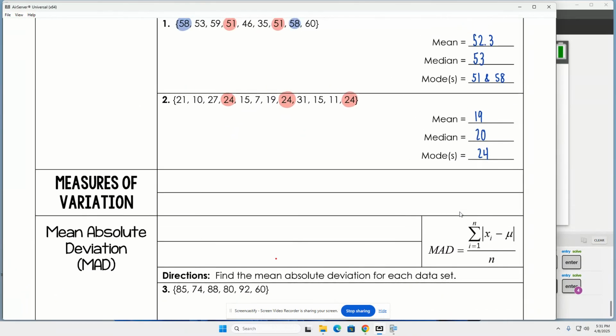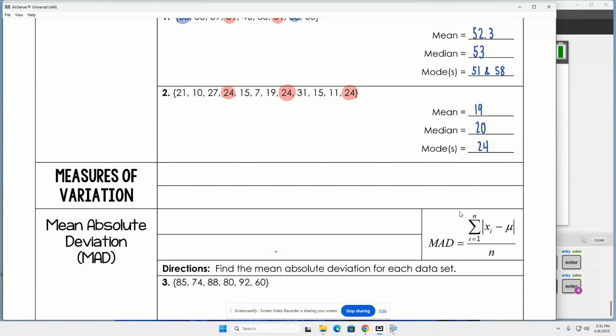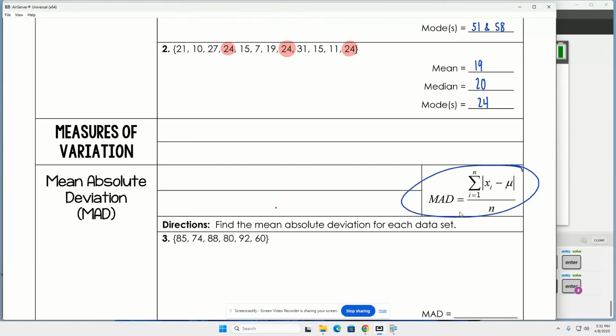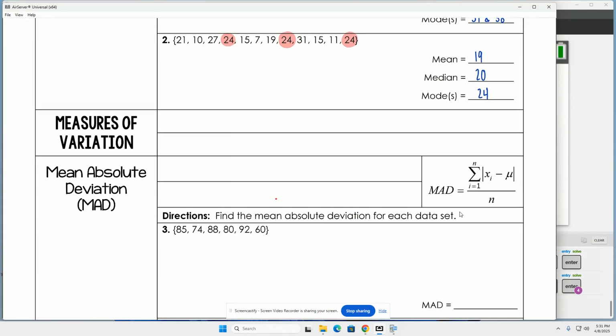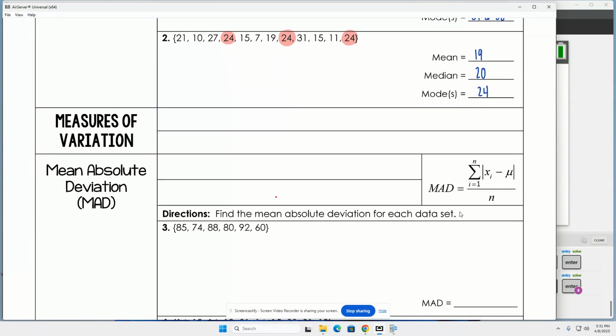The next thing, and again, this is all calculator, you don't have to use this formula. I'm not going to ask you guys to understand or to memorize that. But let me tell you what measures of variation is.